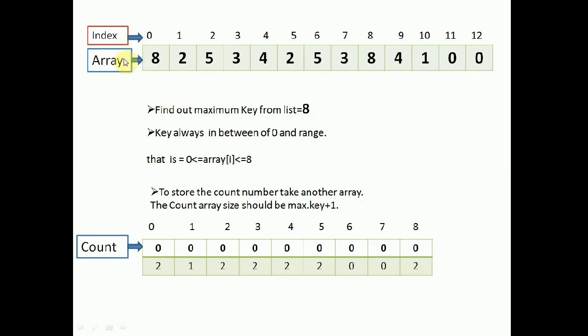Here is an array; I will just take its name as array. The array consists of these elements. Normally, in the previous sorting methods, the elements were independent, that means unique; an element does not repeat more than once. But in several key sorting, see the example: the array consists of 8, 2, 5, 3, 4, again 2, again 5, again 3, again 8, again 4, 1 and 2, two times.